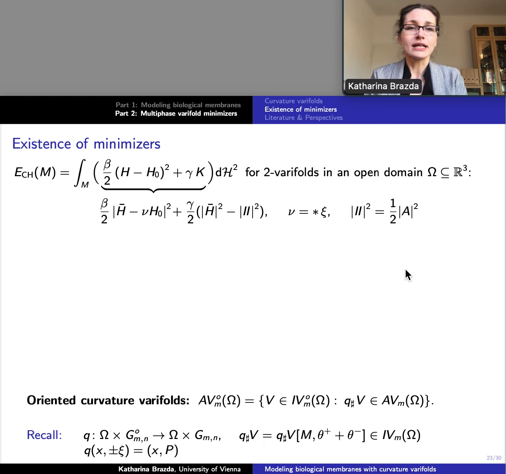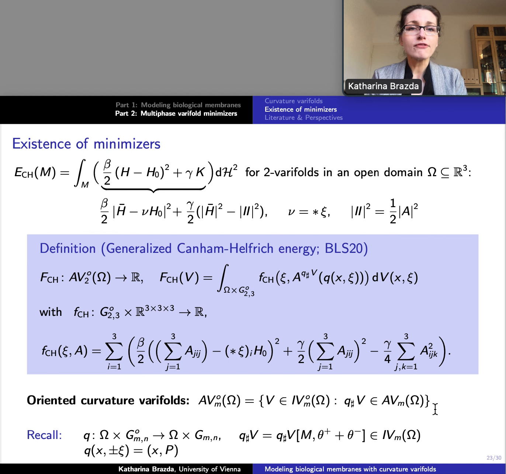This shows that we need oriented curvature varifolds, that is, oriented varifolds or oriented integral varifolds whose non-oriented counterpart is a curvature varifold. Then the expression above leads to this definition of the generalized Canham-Helfrich energy as a functional on the oriented curvature 2-varifolds. And note that the curvature functions A are the ones of the unoriented varifold Q sharp V.